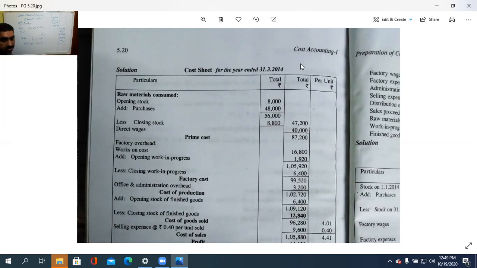We added that, so it is 1,05,920, less closing work in progress 6,400. So factory cost or works cost is 99,520. After that, we need to add office and administration overhead.